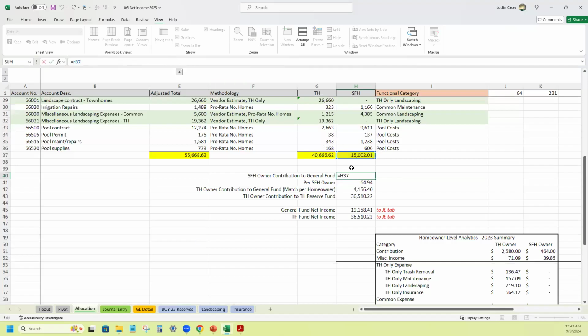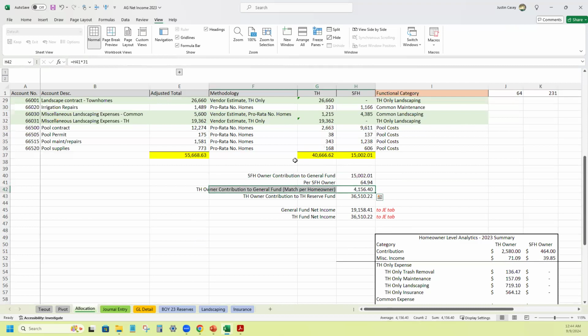All of the single family homeowner net income goes to the general fund, divided by the number of single family homes, gives you a per home contribution to the general fund. Multiply that by the number of townhomes, and it gives you the portion of the townhome net income that goes to the general fund. Then the balance, townhome net income minus the townhome portion that goes to the general fund, equals the townhome portion that goes to the townhome reserve fund.